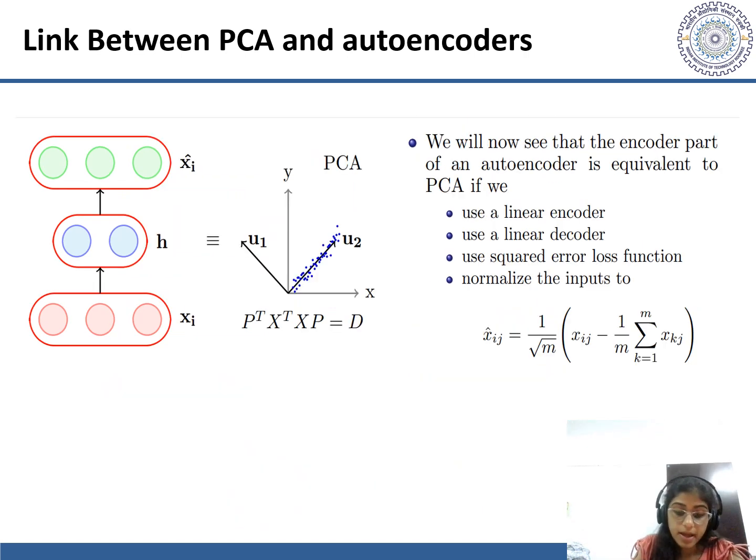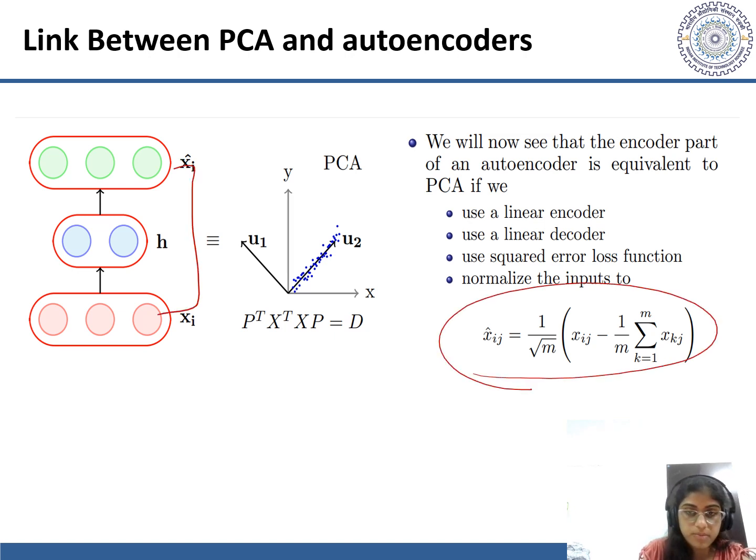We now see that the encoder part of an autoencoder is equivalent to PCA only if I use a linear encoder, a linear decoder, the square error loss function, and normalized inputs. These are the most important conditions. Here I need a linear encoder and linear decoder.